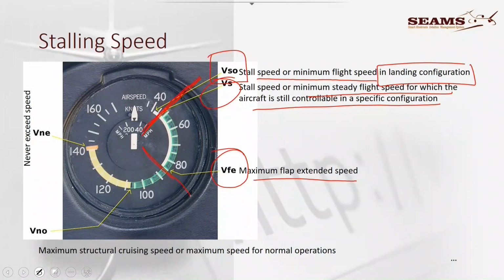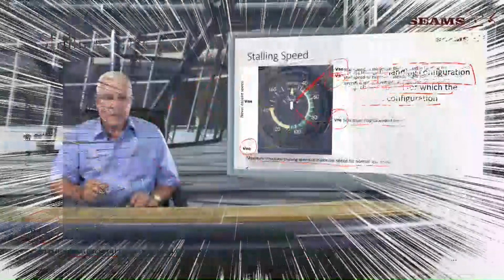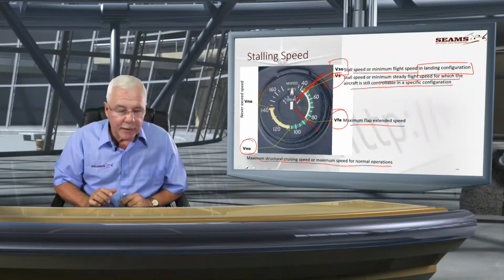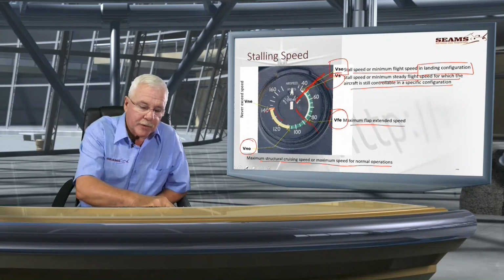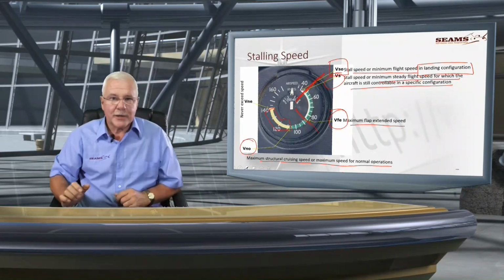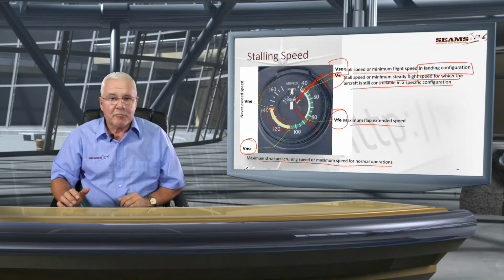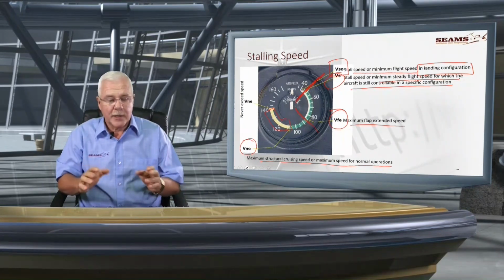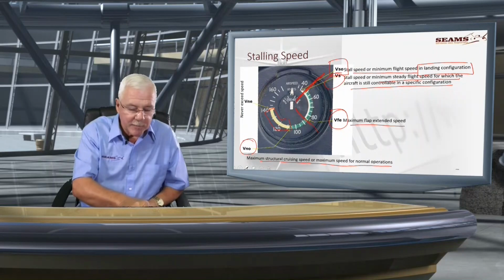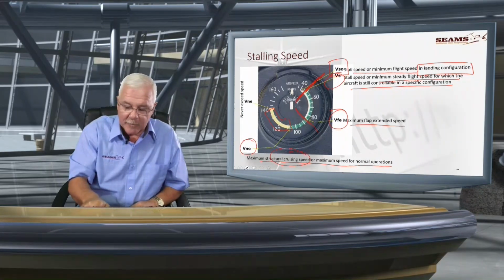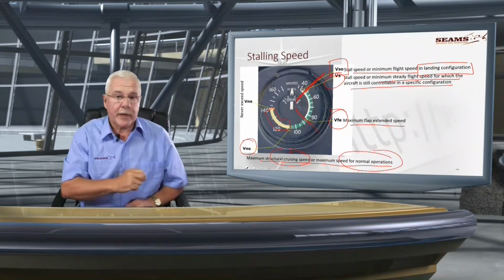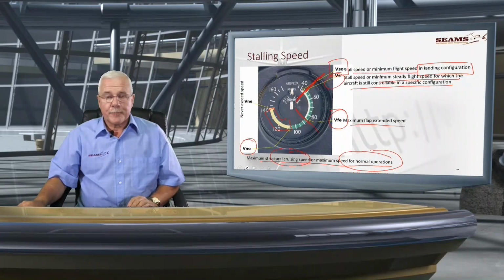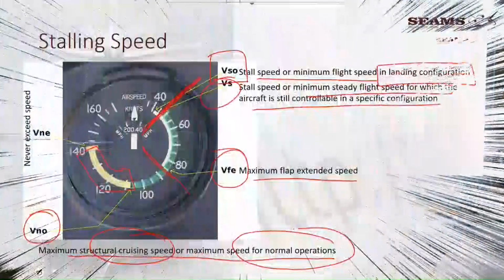Right, and then we've got VNO, maximum structural cruising speed or maximum speed for normal operations. Does it mean you can fly at a higher speed? Yes. But remember, the moment that you start flying in this arc, you actually don't want to do hard maneuvering, unless obviously the aircraft is stressed for that. But for now, they say the maximum structural cruising speed, maximum speed for normal operations. Good. So, next slide.